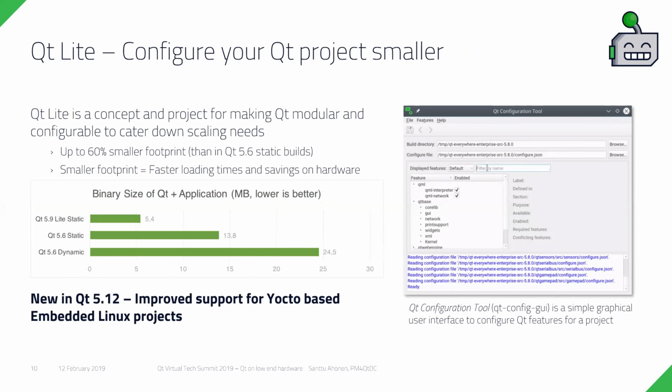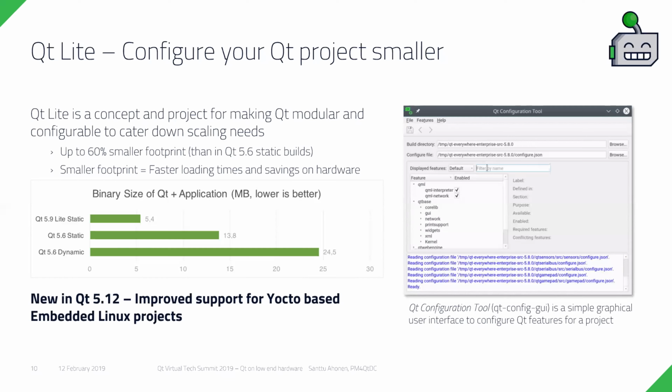The big thing on Qt Lite on the Cortex-A side, from 5.6 onwards, is that we have really improved the way you compile and create the binaries, being able to make smaller and faster binaries. The footprints have been reduced a lot in 5.9, up to 60% smaller footprints.